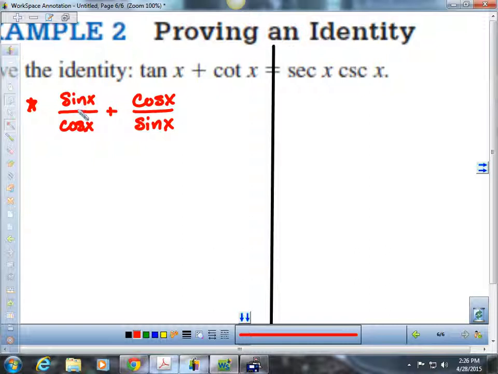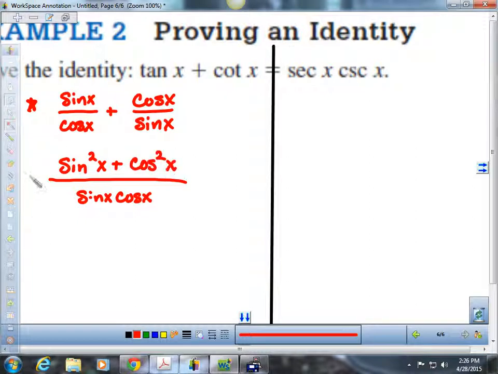So what would sine x times sine x be? Sine squared x over, and my common denominator is now sine x cosine x. Plus, well, this side has the sine x, but it lacks the cosine x. So cosine times cosine would be cosine squared x. So that was my second step, finding the common denominator and then going ahead and adding them together.